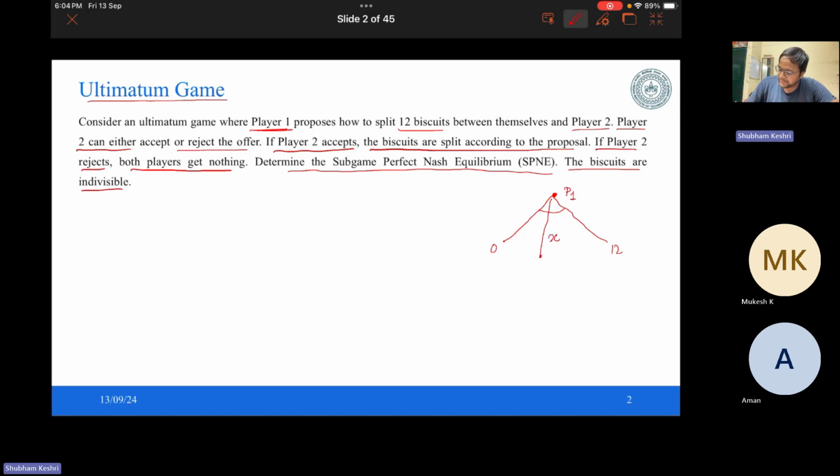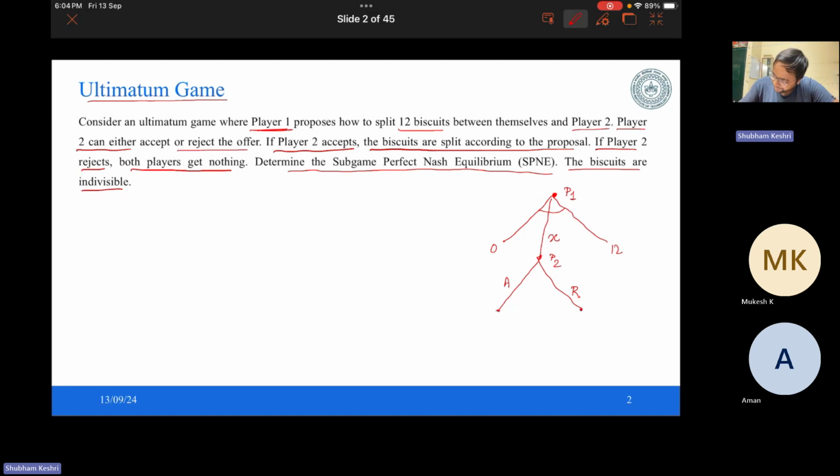Now at this node, player 2 acts. So x is the number of cookies or biscuits in this case, which player 1 offers to player 2, and player 2 can either accept the offer or reject the offer. Player 2 has only two actions at this node. And this is a sequential game. So first player 1 makes an offer, and then player 2 observes this offer, and then he plays his action.